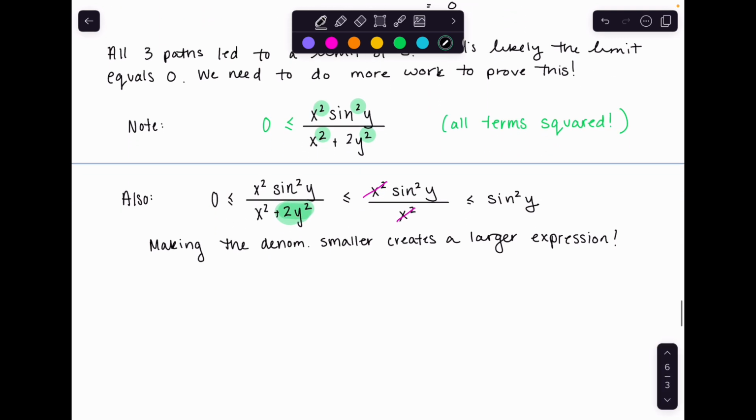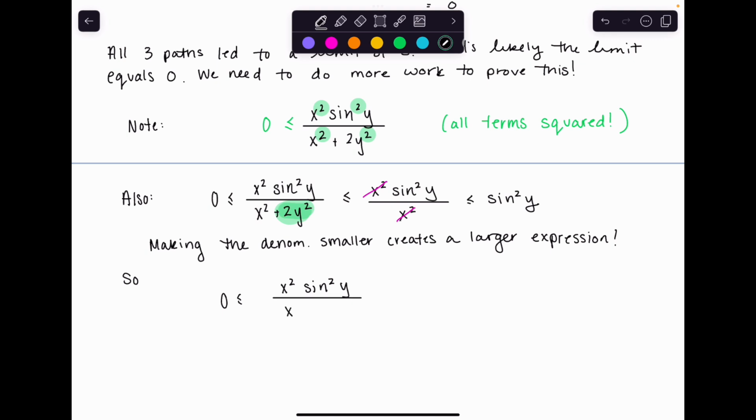So ultimately, our expression is trapped between 0 and sine squared of y. Now if I take the limit of each piece separately, the limit of this is 0, the limit of this is 0.